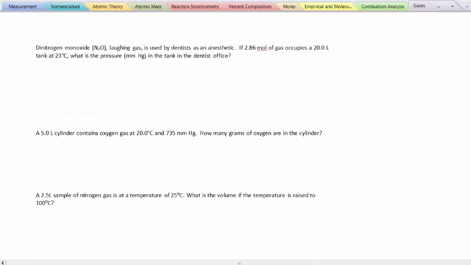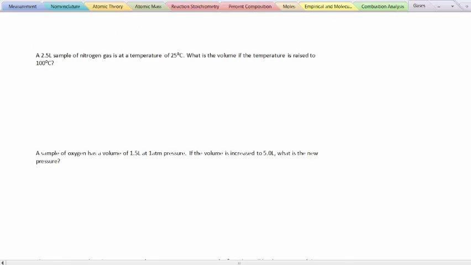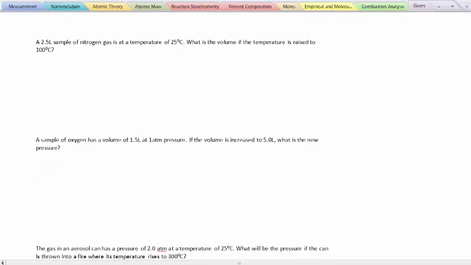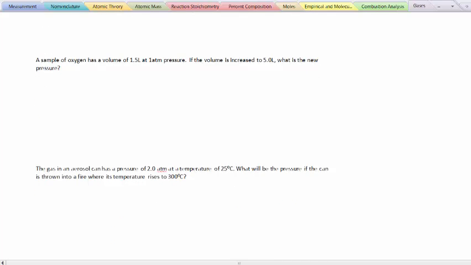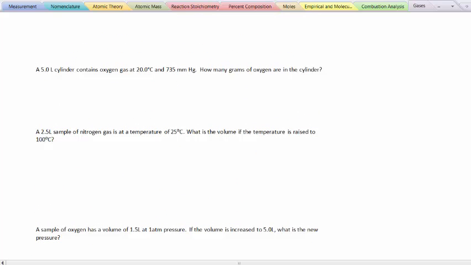And so we're going to scroll down. Some of these problems are in the other video, which you can see, the ones that I'm scrolling past. These are all one set of conditions. But now when we get to this one right here, we have 2.5 liters, so my volume is 2.5 liters, and my temperature is 25 degrees Celsius.